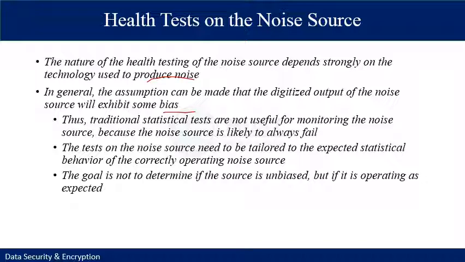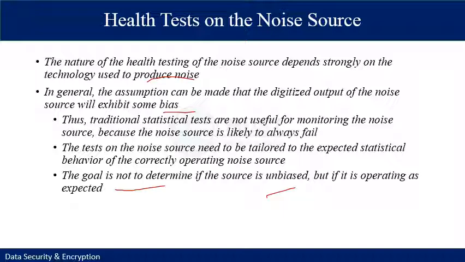Therefore, traditional statistical tests are not useful for monitoring the noise source, because the noise source is likely to always fail. The tests on the noise source need to be tailored to the expected statistical behavior of the correctly operating noise source. The goal is not to determine if the source is unbiased, but if it is operating as expected.